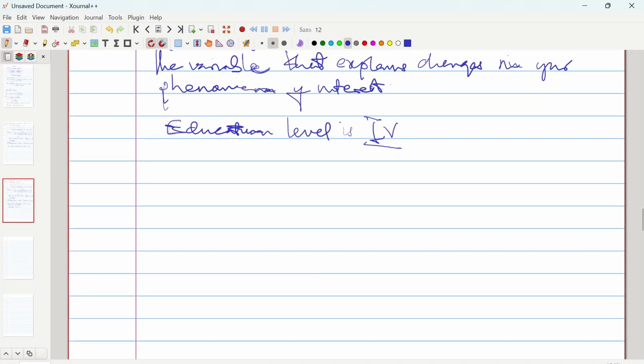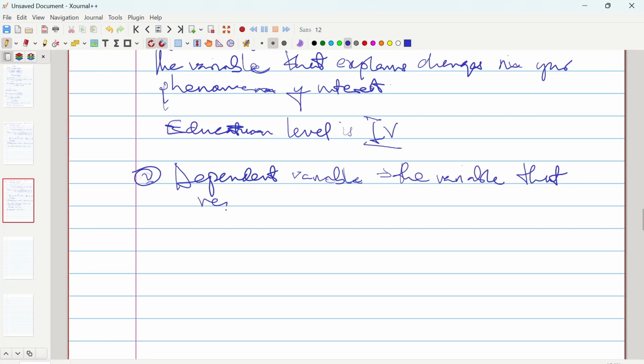And the second variable that you should know is the dependent variable. It depends on another variable, right? So the dependent variable is the outcome of interest, the variable that represents the phenomena we want to explain.